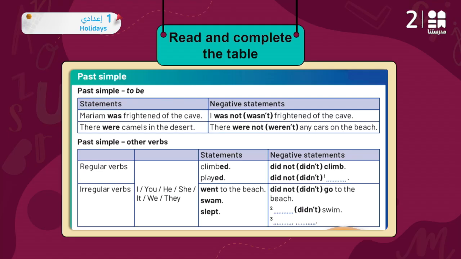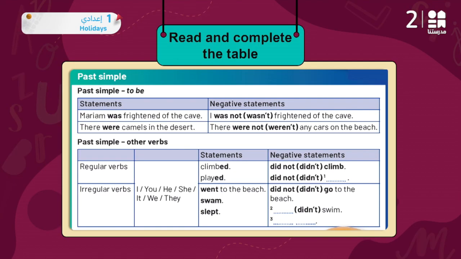I wasn't or I was not frightened of the cave. If I want to use verb to be with the plural in the negative form, I'll also add not to were. So there were not or there weren't any cars on the beach.